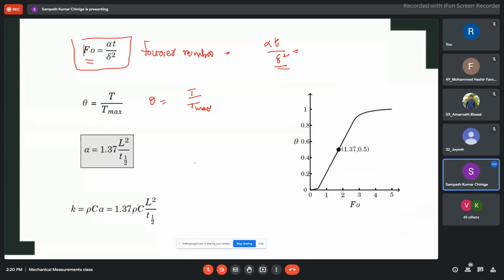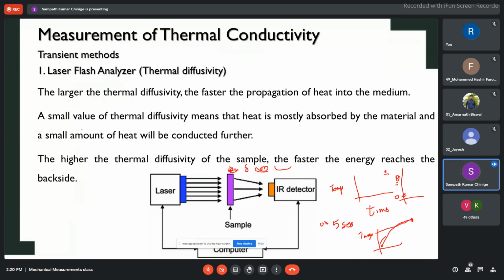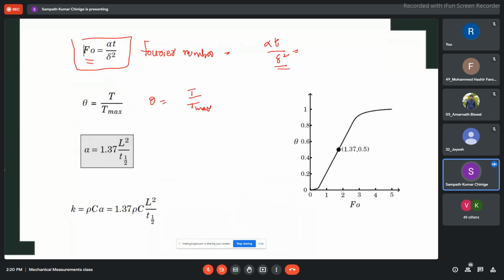Okay, so now by some means you know alpha, the thermal diffusivity of the material, and then for example, you have drawn this graph with respect to Fourier number. Since alpha you know, t you know, and thickness you know, you are also finding out what is the theta. So here you don't need the absolute value but a fraction of it. So every time T by T max you are calculating and you have got a graph.